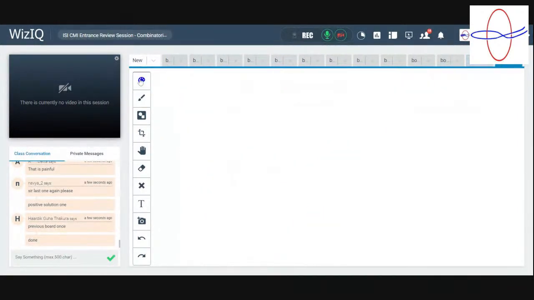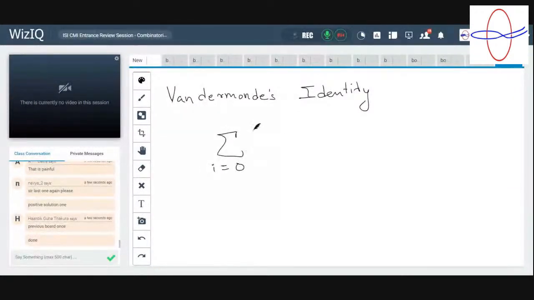Okay, then you have a peculiar result that actually shows up in a tomato objective from what I remember. So there's something called van der Monde's identity. And I will not be proving this. You're free to Google. So van der Monde's identity states that a summation of this form, i equal to 0 to r, m choose i, n choose r minus i, is equal to m plus n choose r.